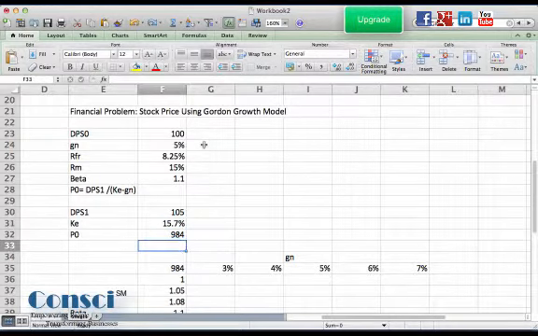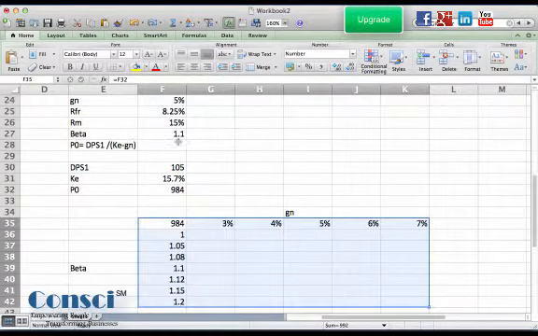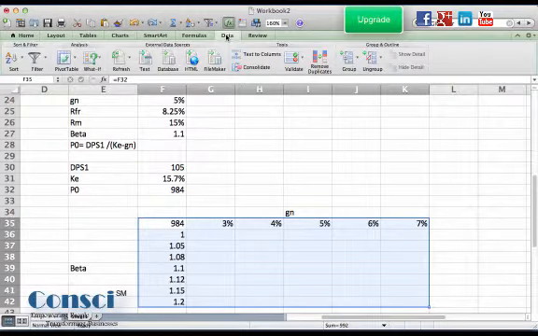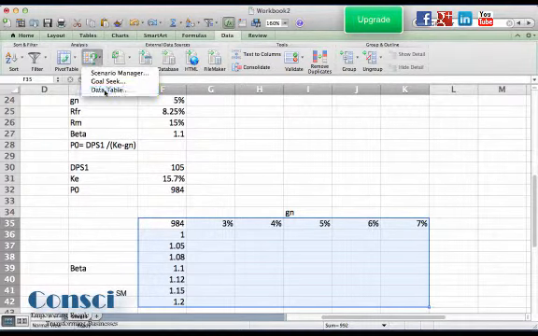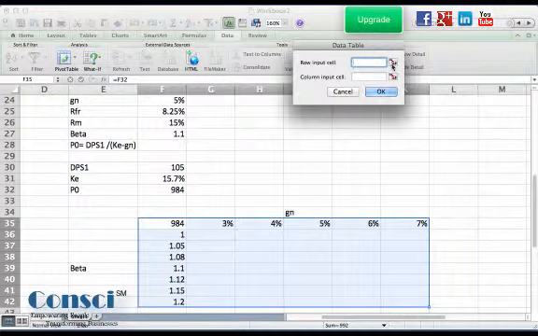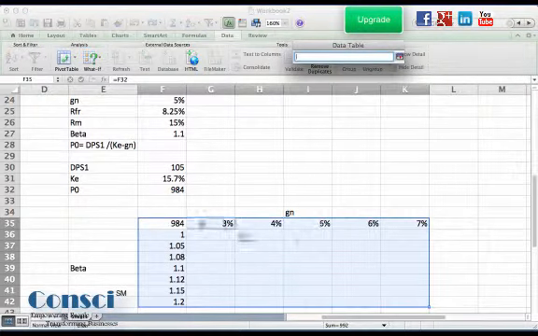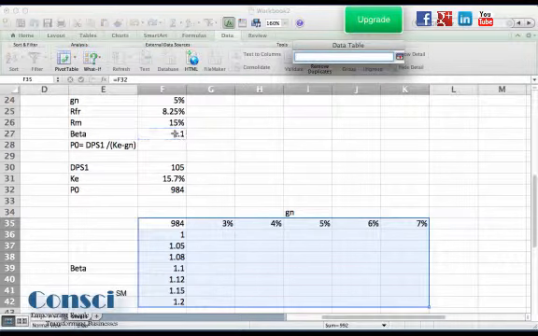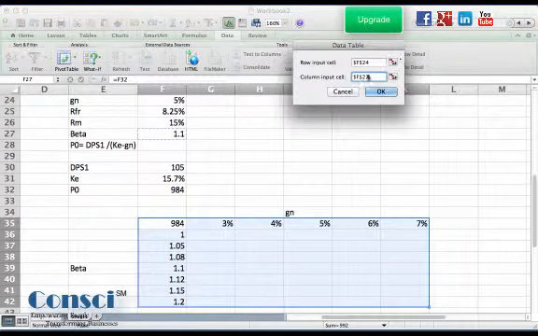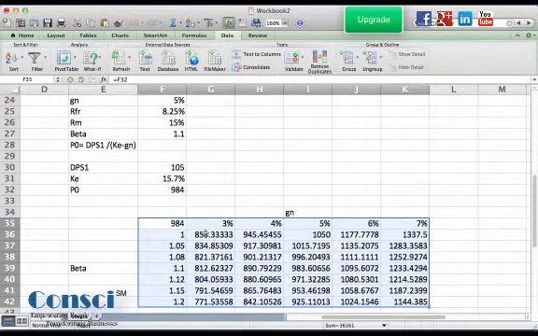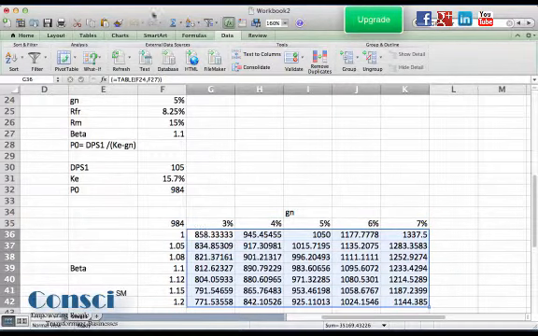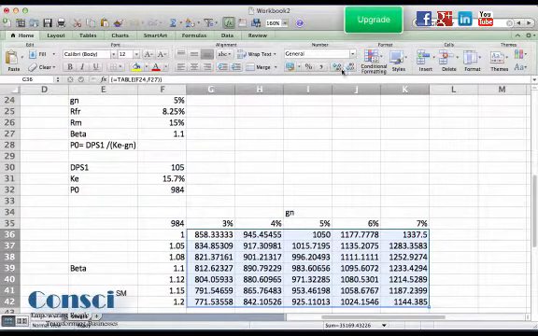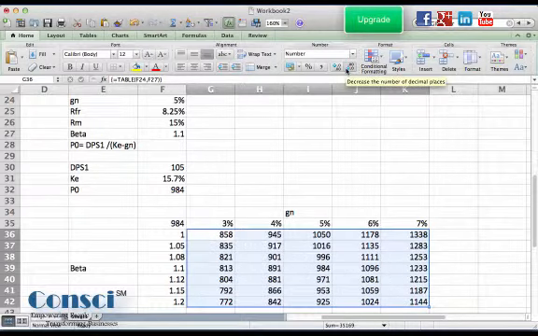So I am just undoing it, and now selecting the range, going to Data, going to What-If Analysis, going to Data Table, and giving the row input cell. My row input cell is the horizontal representation, which is Gn. So this is Gn, and my column representation is given by beta. So I'm selecting beta from over here, and I'm just saying OK, and you would see various values appear over here, right?